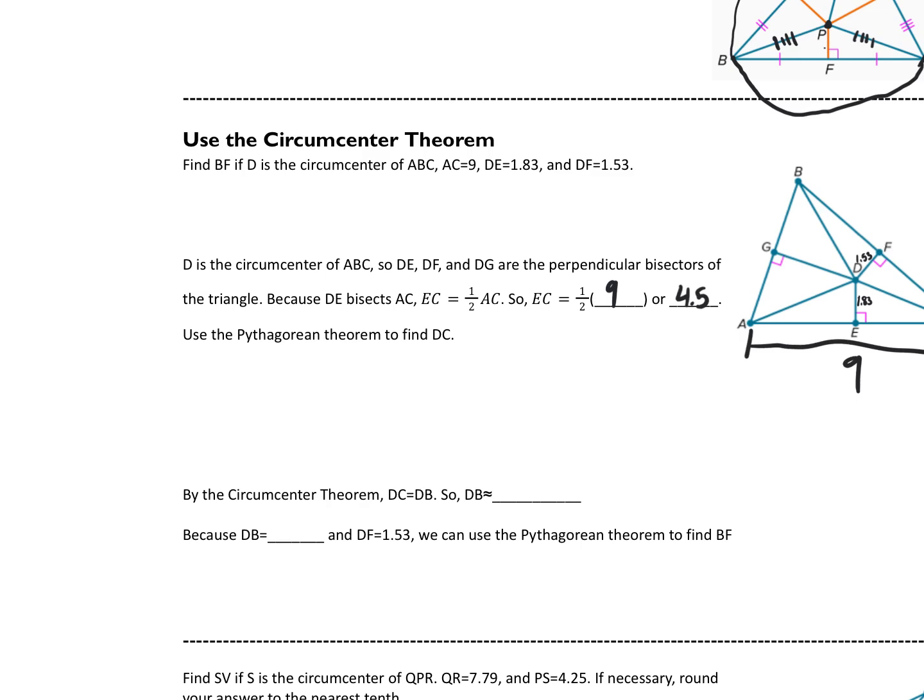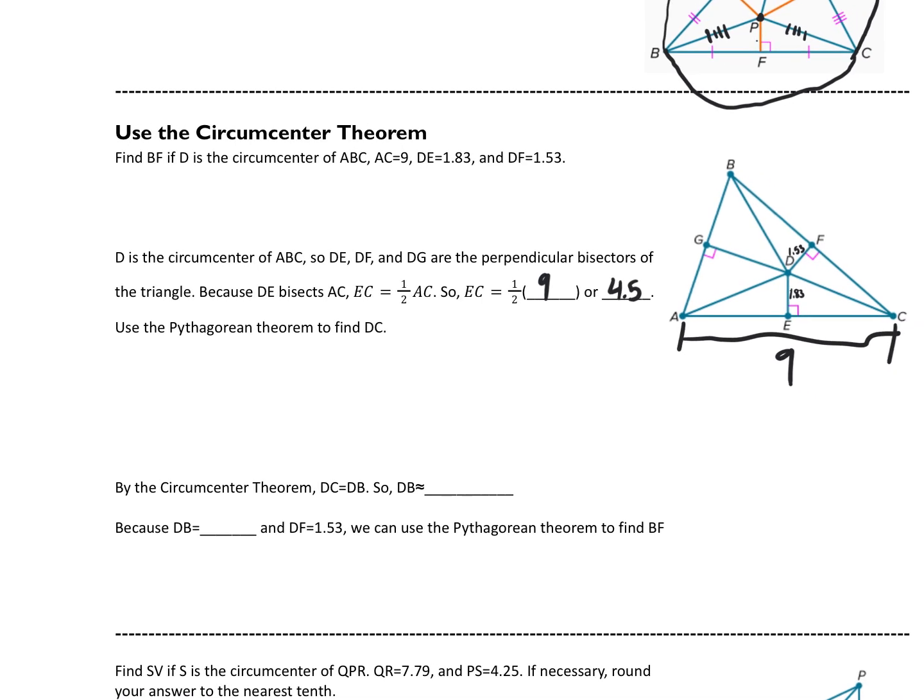So we're going to use the Pythagorean theorem to find DC. The Pythagorean theorem, remember, is a squared plus b squared equals c squared. In other words, the sum of the sides squared is equal to the hypotenuse squared. So in this right triangle, that has a leg length of 4.5 and a leg length of 1.83, we're asked to find side DC, which is the hypotenuse.